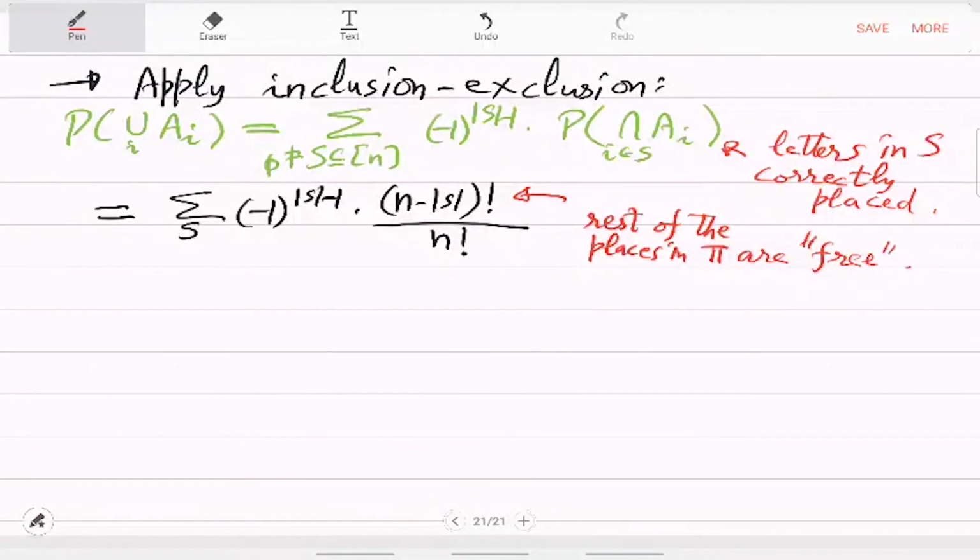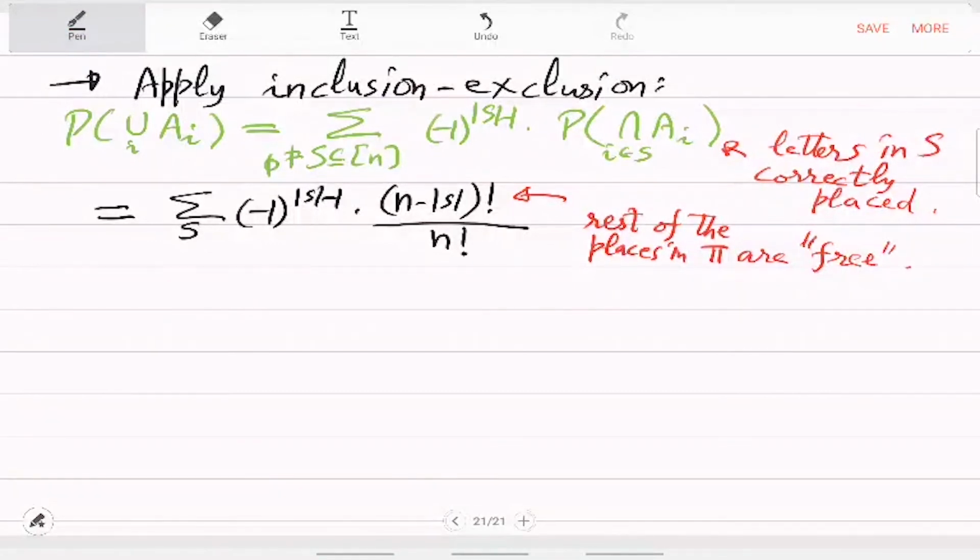So how many permutations are there where these n minus |S| places are free? Obviously (n minus |S|) factorial. Here we are using the axiom of P on the events, and we are also using that each permutation is equally likely, so you get 1 over n factorial times this.